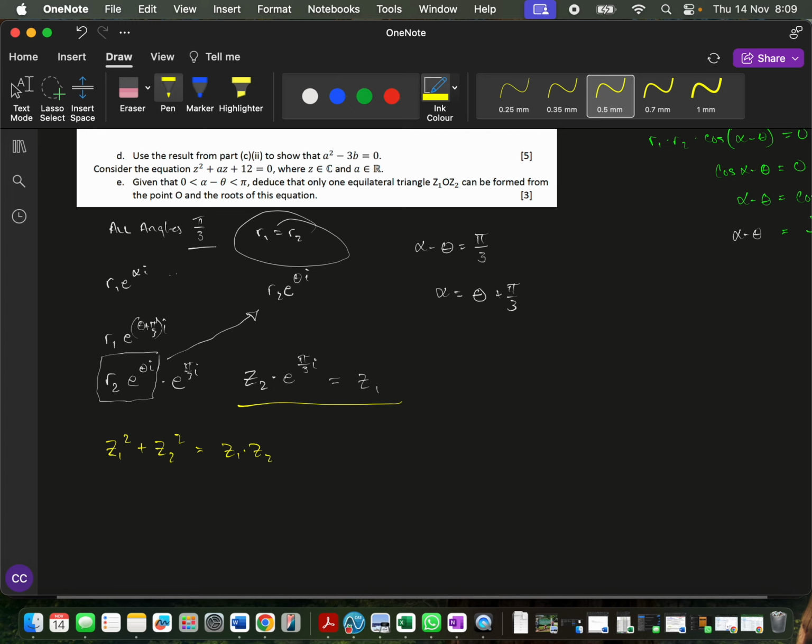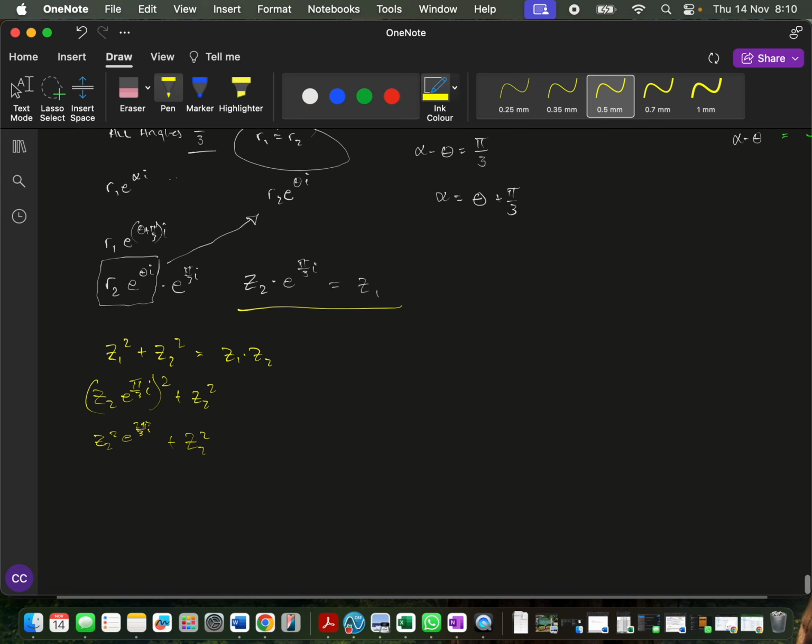So if I wrote this instead as z2 e^(pi over 3 i) squared plus z2 squared, I would get z2 squared e^(2 pi over 3 i) plus z2 squared.